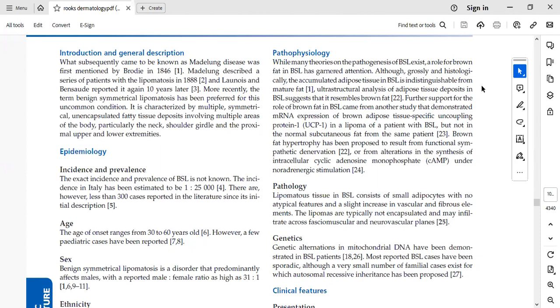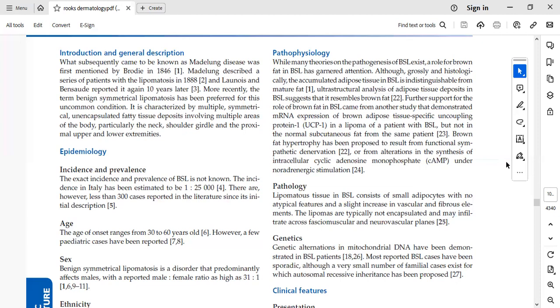Brown fat hypertrophy has been proposed to result from functional sympathetic denervation or from alterations in the synthesis of intracellular cyclic adenosine monophosphate under noradrenergic stimulation. And the pathology is that lipomatous tissue in BSL consists of small adipocytes with no atypical features and a slight increase in vascular and fibrous elements. The lipomas are typically not encapsulated.